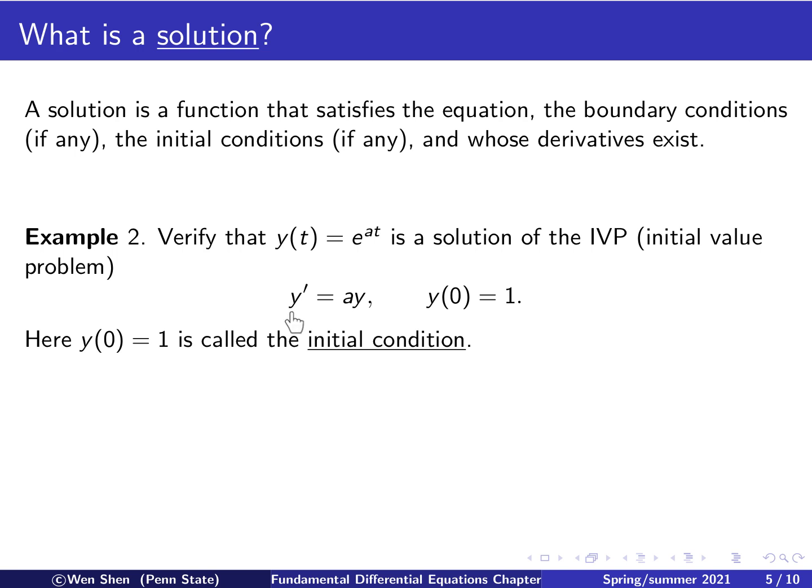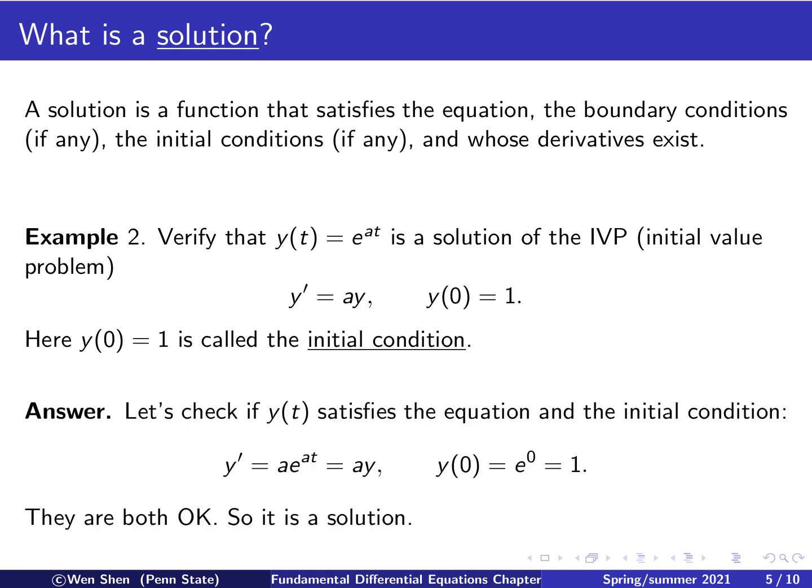That is a differential equation y prime equals a y together with an initial condition given, y at 0 equals 1. Okay, so this initial condition simply means when t equals 0, y equals 1.